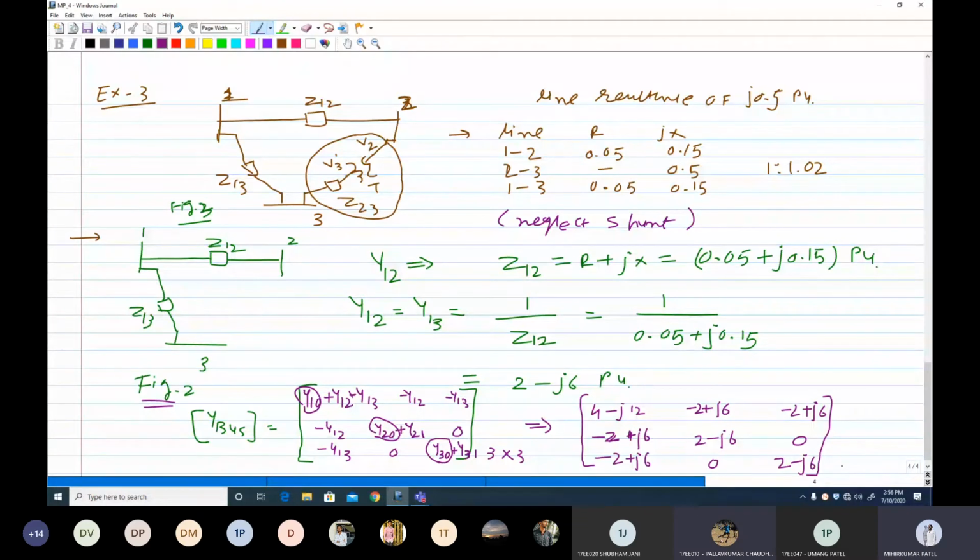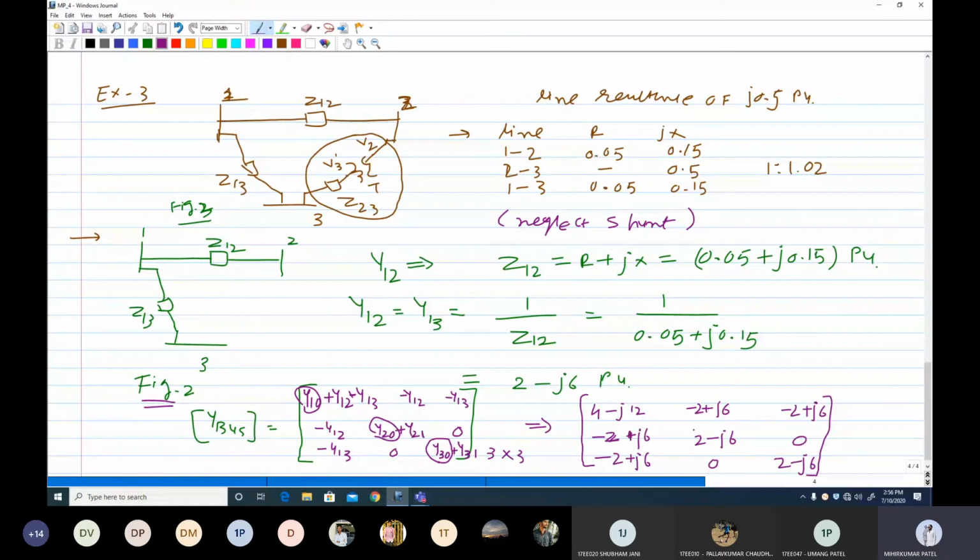Clear? This is part 1 of your example. What have we done? Just removed or neglected this transmission line from the network where the transformer is given. Now what will we do? Just calculate with the transformer.